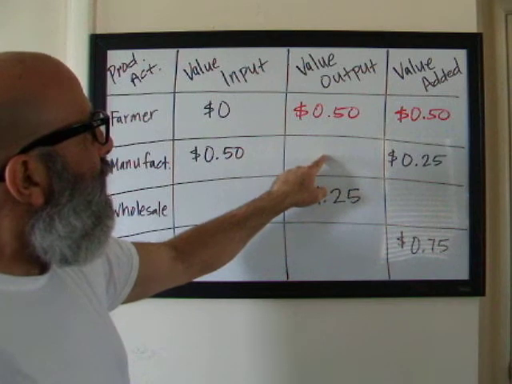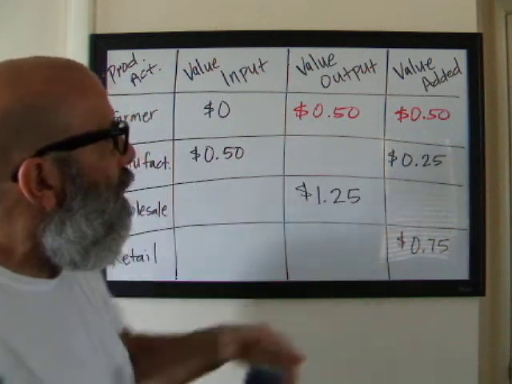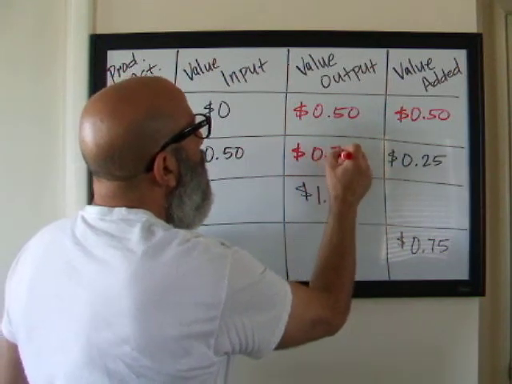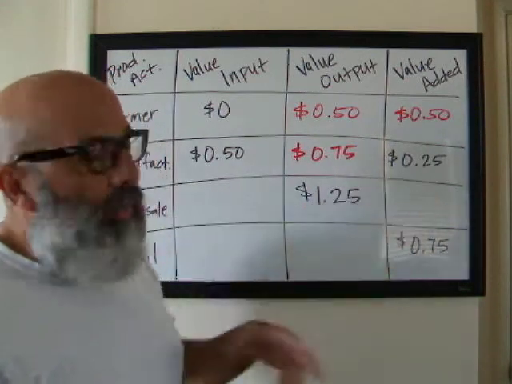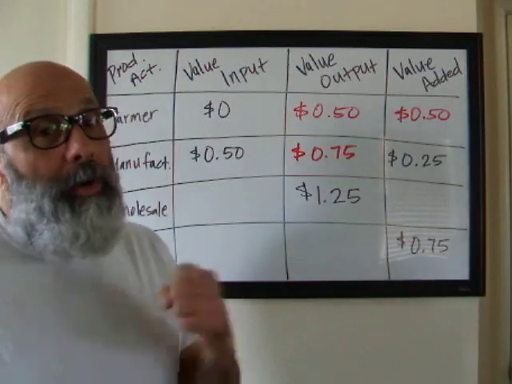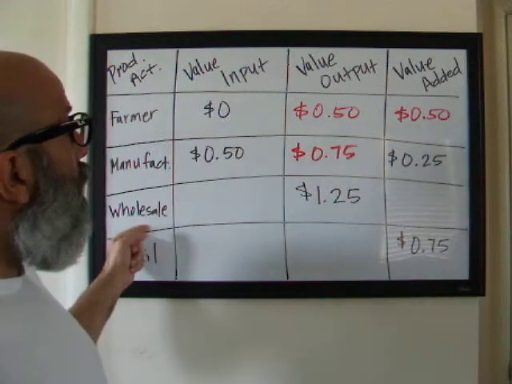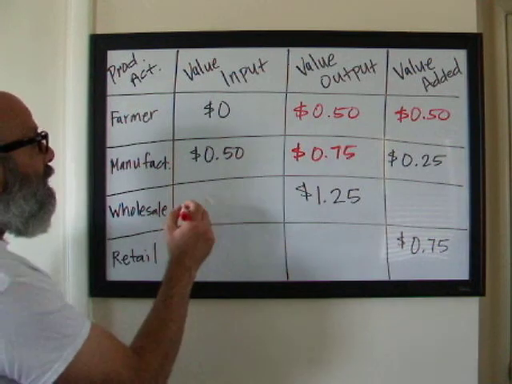So that means that this has got to be 75 cents here. 75 cents minus 50 cents is going to be your 25 cents. So what that means is the manufacturer's added another 25 cents of value because they've incurred all those costs to get the avocado from the farmer to the wholesaler. So the wholesaler is going to pay 75 cents for that one avocado.